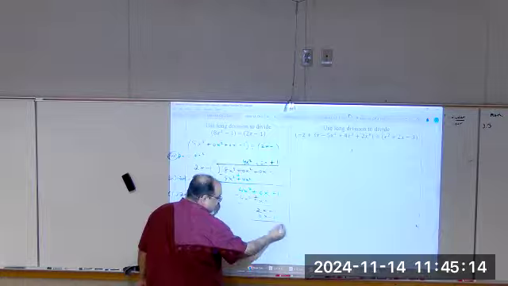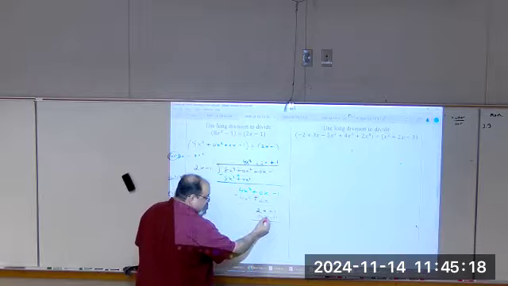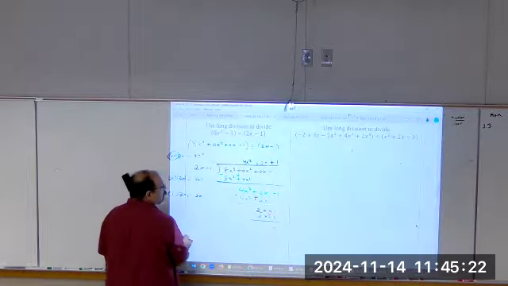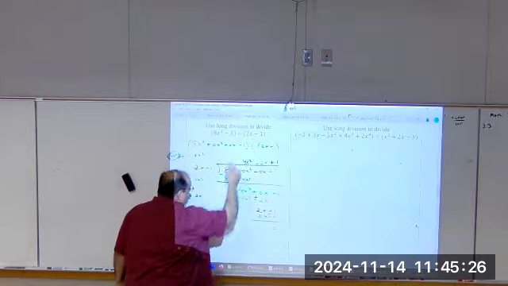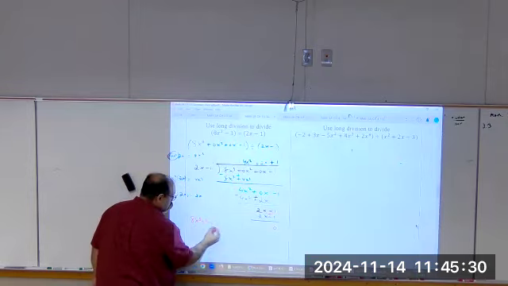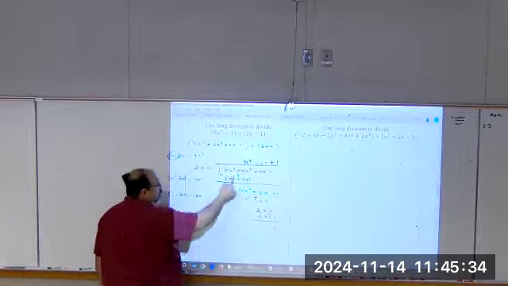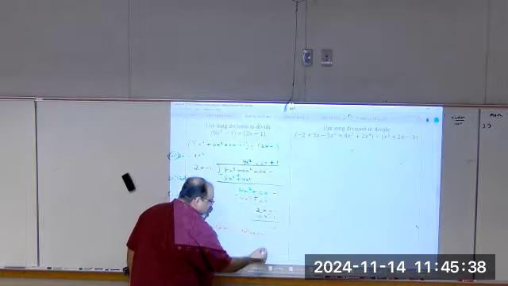And when I subtract, what am I left with? 0. No remainder. So this divided by this is just 4x squared plus 2x plus 1.